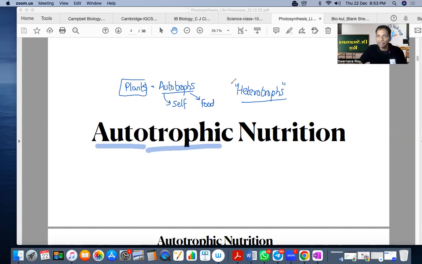Then we have tiger and lion. They're all heterotrophs because they need food from the plants. They rely on plants either directly, like a cow, goat, or any kind of herbivore, or indirectly, like a lion, a carnivore, which is indirectly dependent upon the autotrophs for its nutrition.